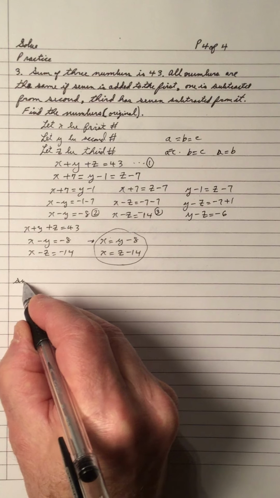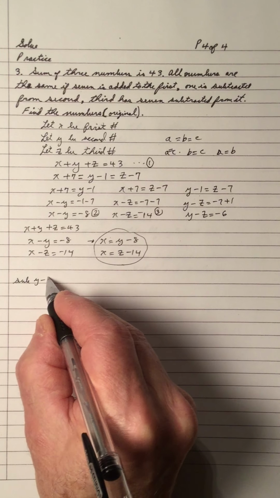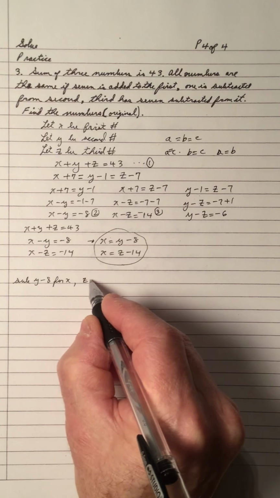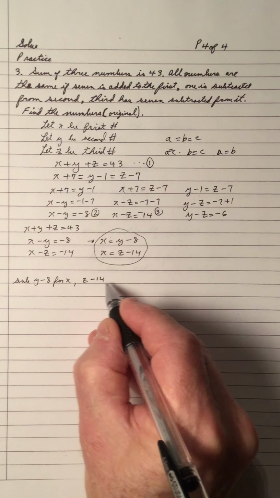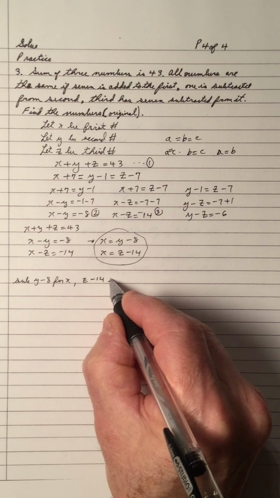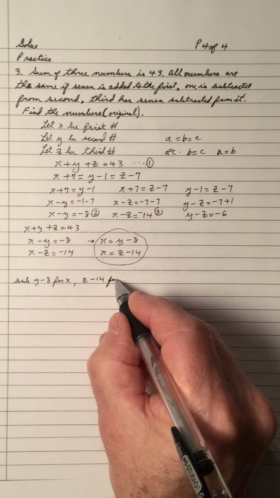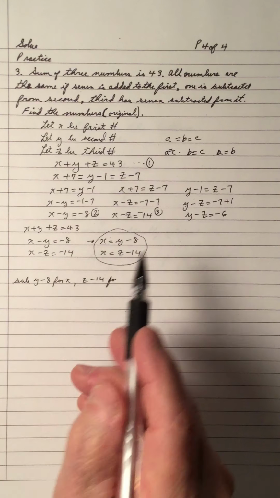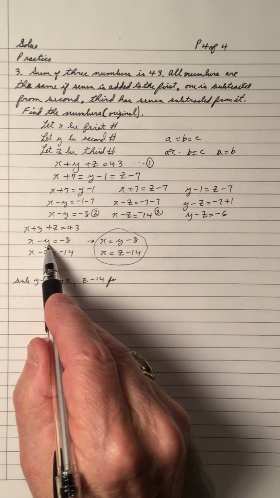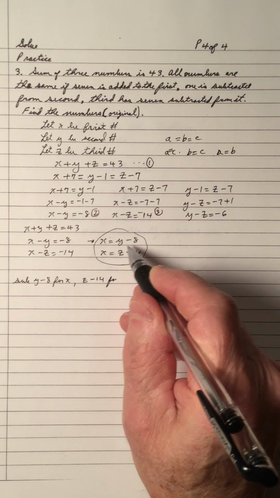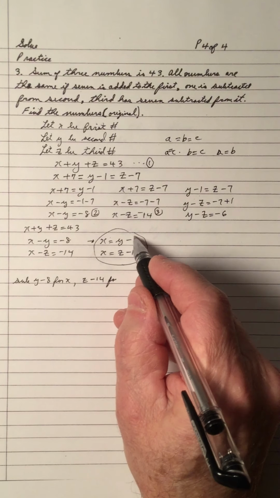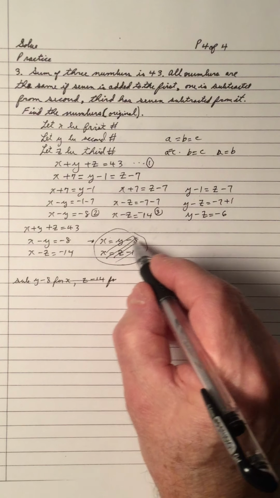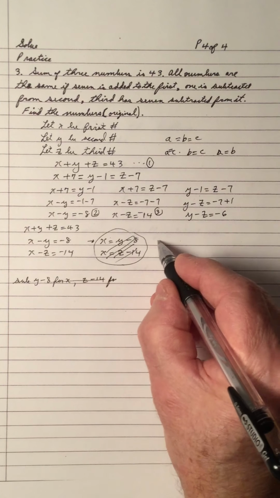So I'm going to sub y minus 8 for x and z minus 14 for... I'm looking for the x's, so I should be reversing it. I should be solving this. So if I do that, so, nope, that won't work.